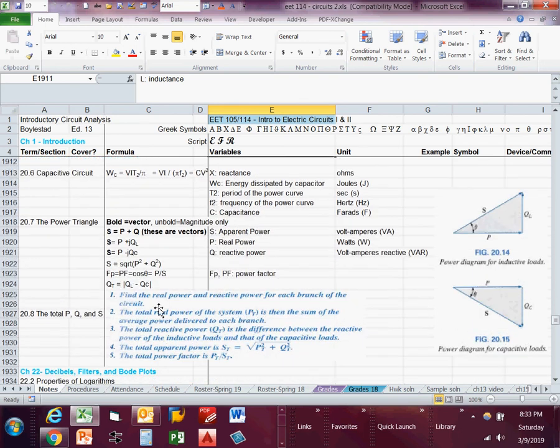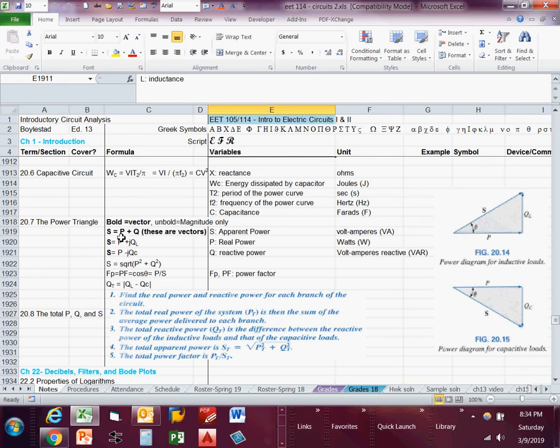Now, the power triangle looks like this. Hypotenuse is S. The horizontal axis is P, the vertical axis is Q. Q sub L goes up, Q sub C goes down, like we've been talking about. And again, the bold is the vector form of the power. Unbold is the magnitude.